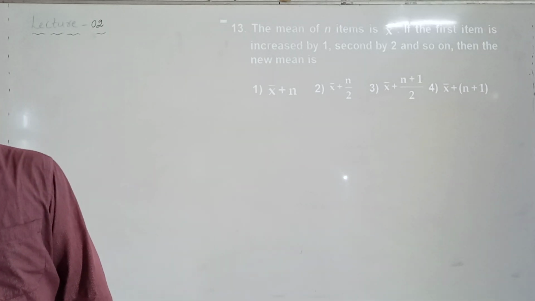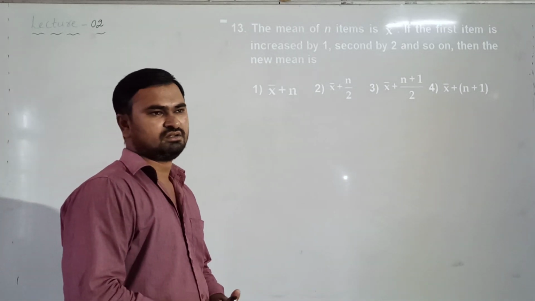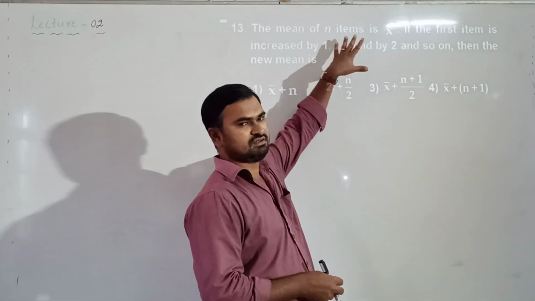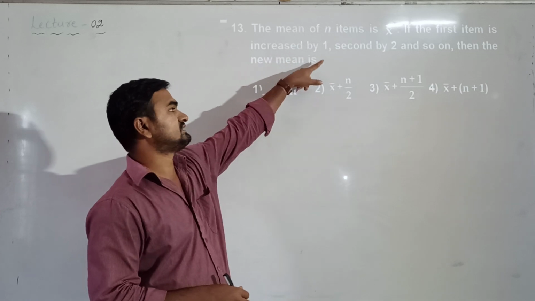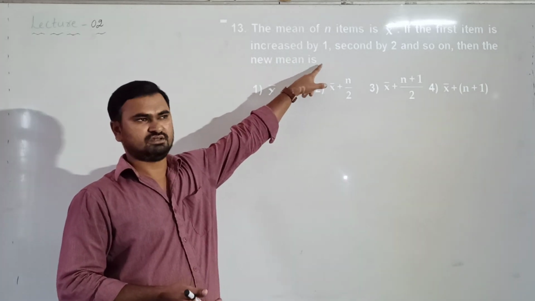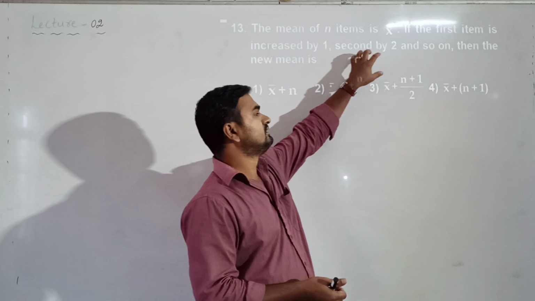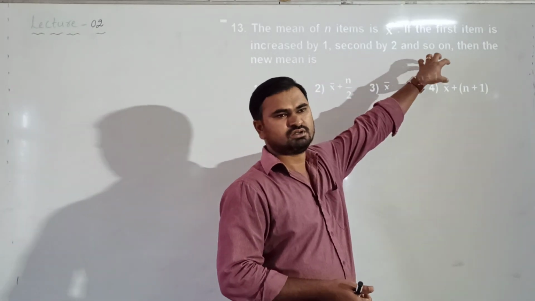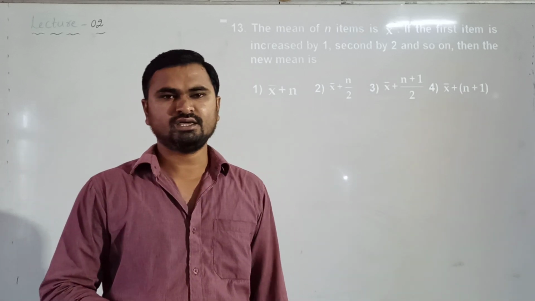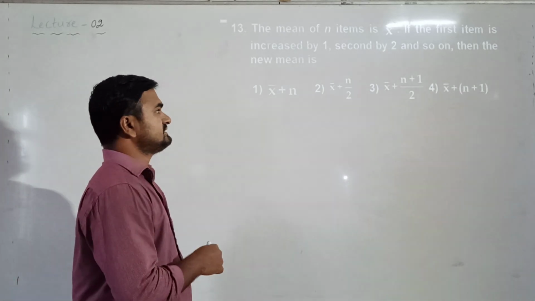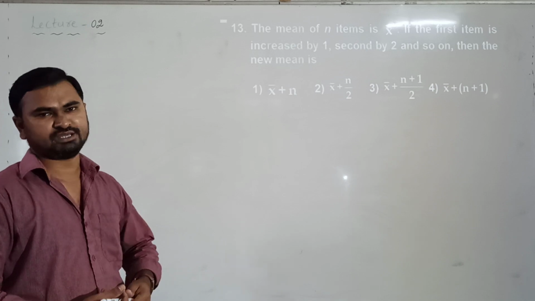If each item is increased by the same quantity, then the average also increases by the same quantity. But each observation is not increased by the same quantity. The first item increases by 1, the second item by 2, the third item by 3, and so on. The nth item is increased by n. So in such a case, what will be the new mean?